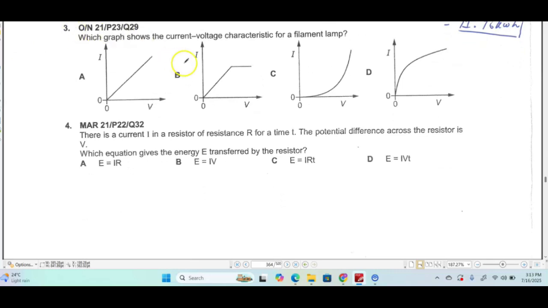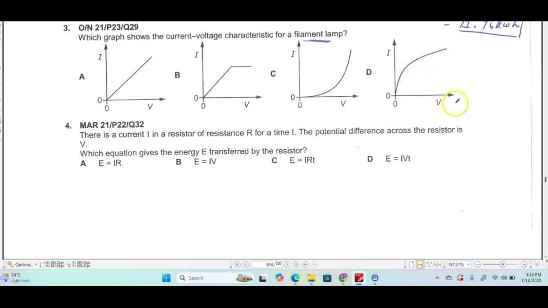Question number 3. Which graph shows the current voltage characteristics for a filament lamp? As we know, when there is a current and voltage graph for a filament lamp, the resistance increases and it curves towards the voltage axis.